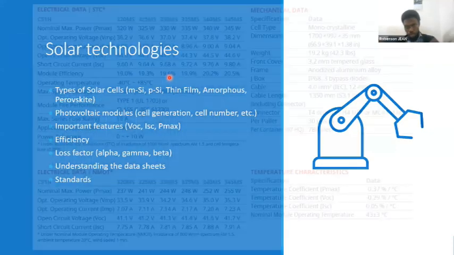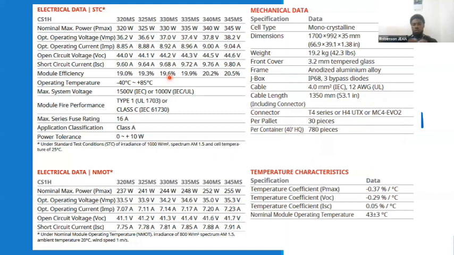Another thing that is very important is to know how to harness the information available on the datasheet of a photovoltaic module. The most important factor on a datasheet is the power. Here we can see the power for all those models, because we are going to base on that information in order to design a system.